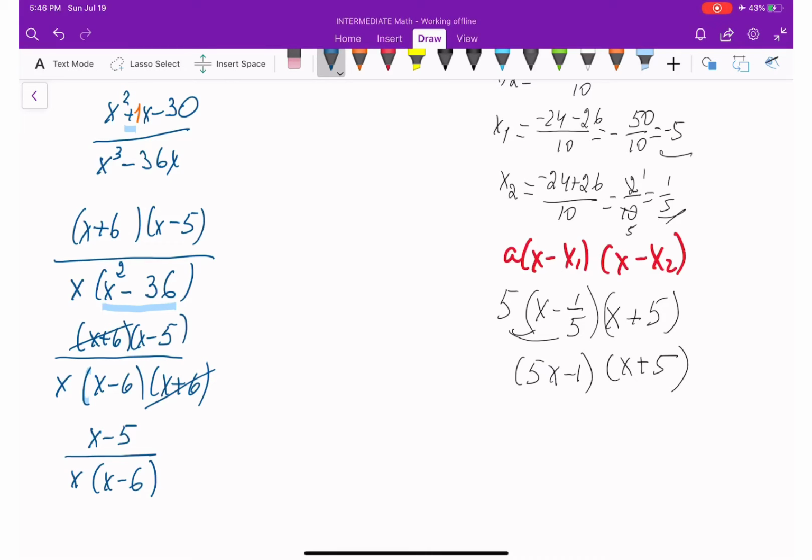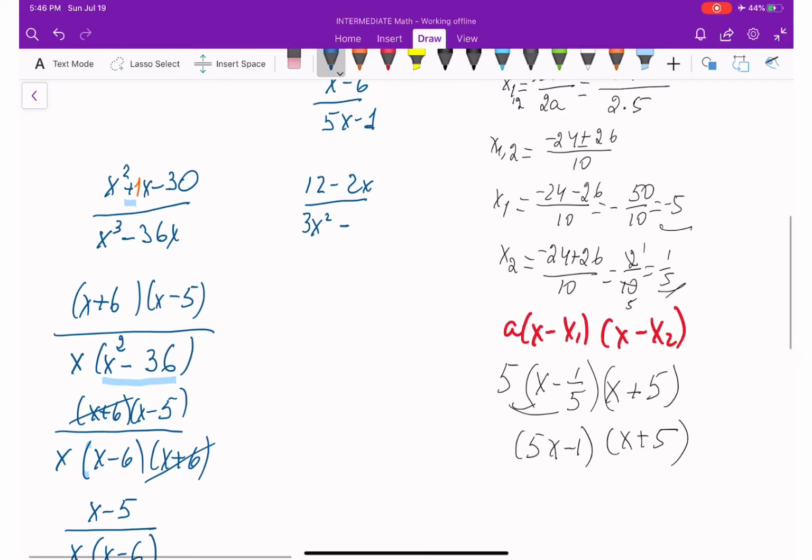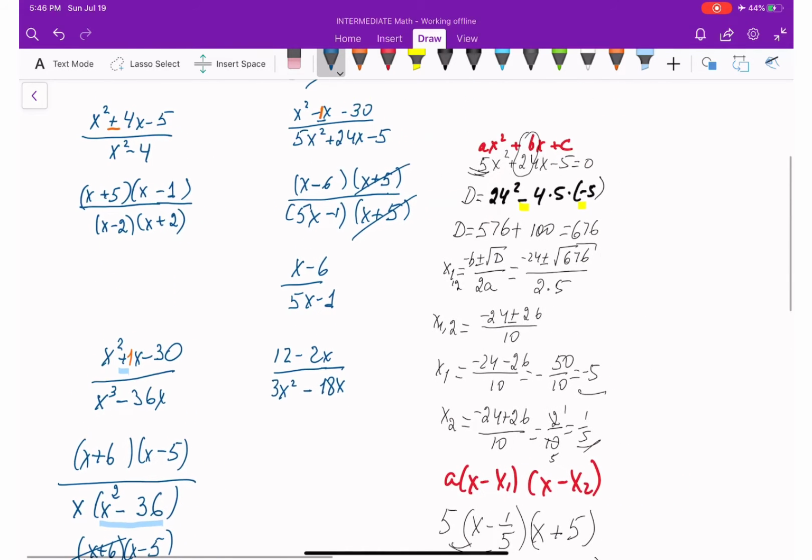Okay, let's do this one. 12 minus 2x over 3x squared minus 18x. All right.